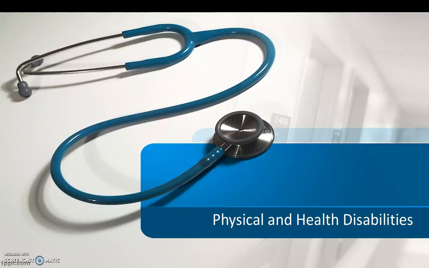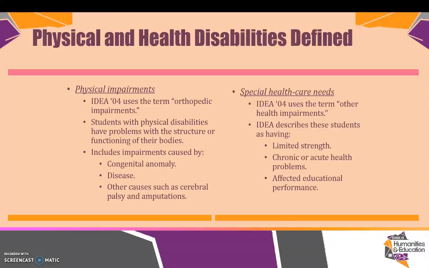The third and final disability category that we're going to be looking at with high incidence disabilities is physical and health impairment. Now, a physical impairment, also referred to as an orthopedic impairment, includes impairments that may be caused by congenital anomaly, disease, or other causes such as cerebral palsy and amputations.